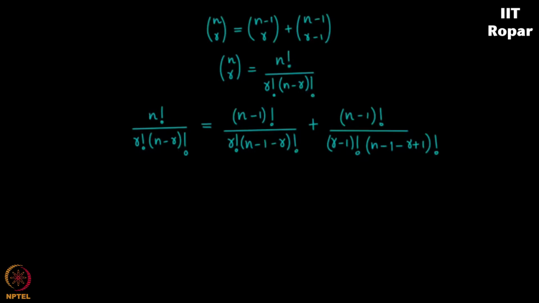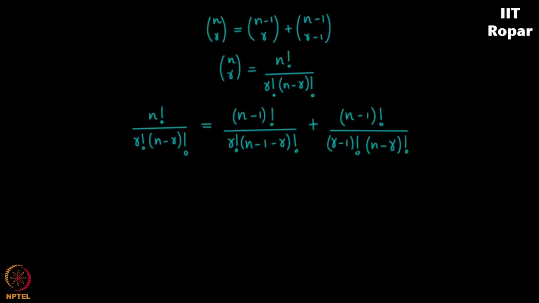That's why you get n minus 1 minus r minus 1, and minus becomes plus. So you have a minus 1 and a plus 1 here, which get cancelled, which gives you simply n minus r factorial here. So this is the same old school method of trying to prove a formula by showing that the left hand side is indeed equal to right hand side.